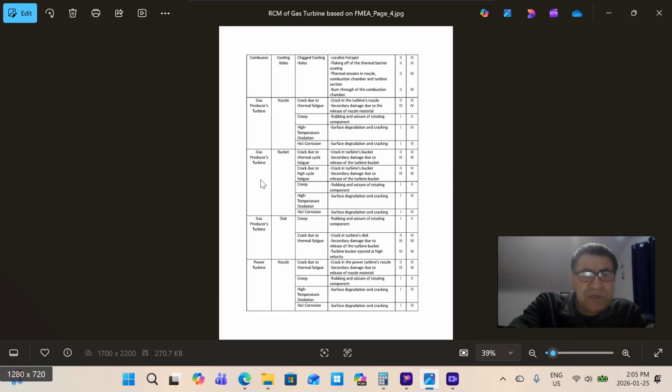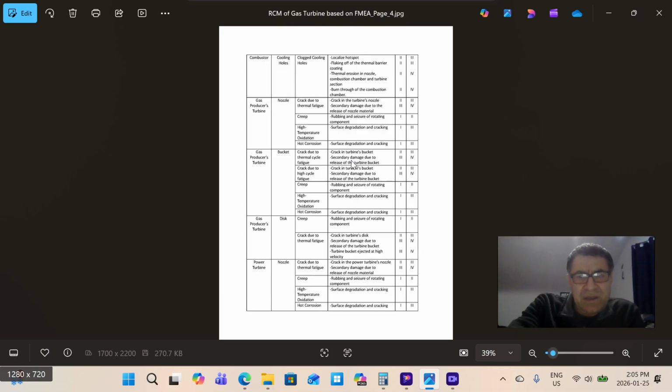We are in the component of the gas producer turbine, subcomponent bucket. Failure modes: crack during thermal cycle, crack due to high cycle fatigue, creep damage, and high temperature oxidation and hot corrosion. This is all related to high temperature damage, okay?